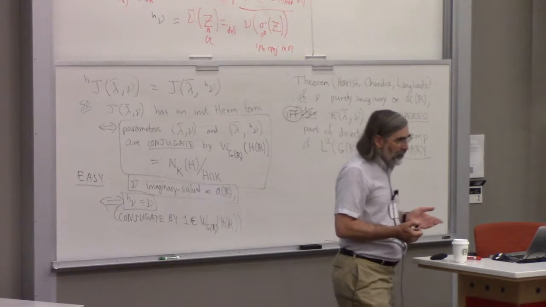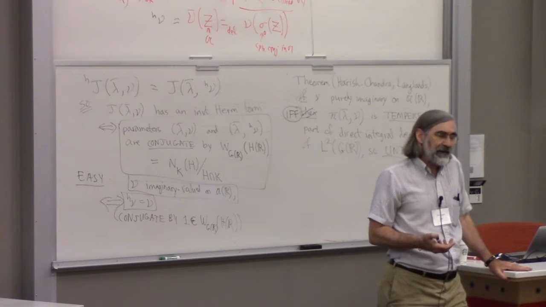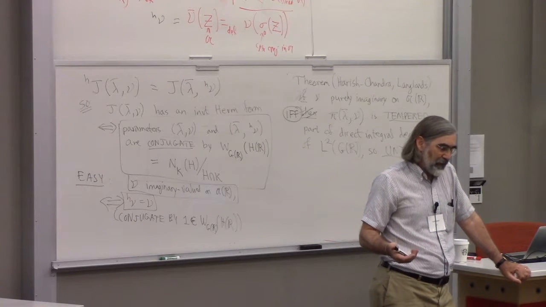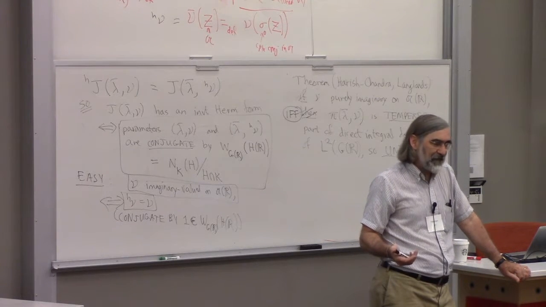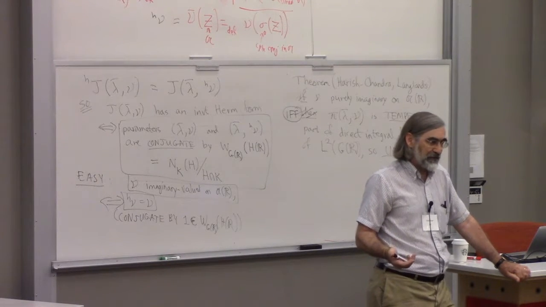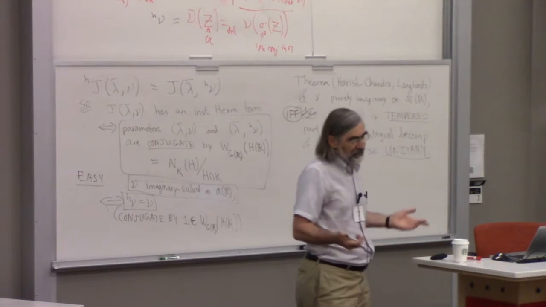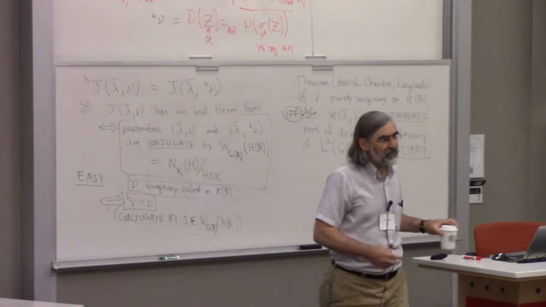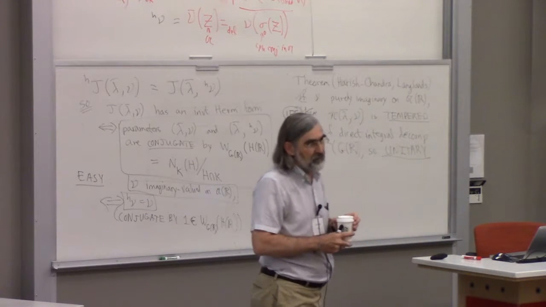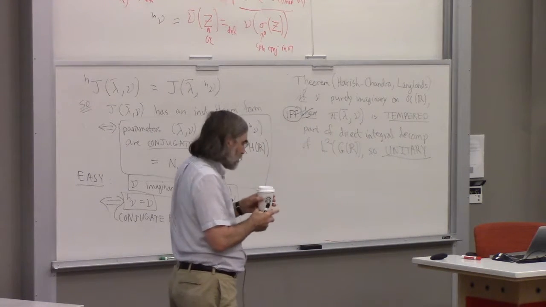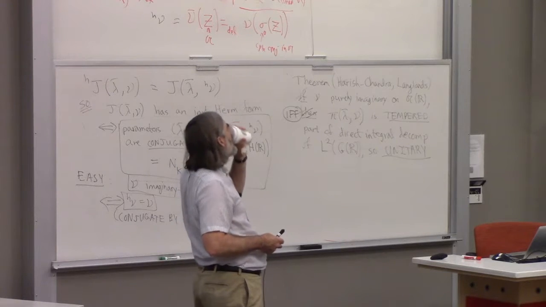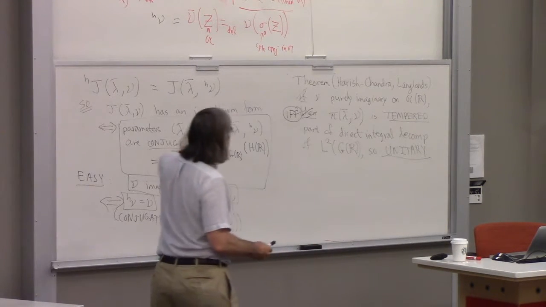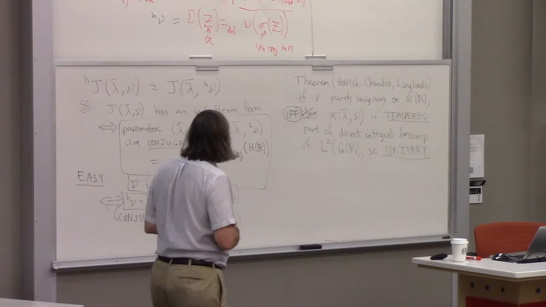So the support of the direct integral decomposition of L2 is by definition a closed subset of the unitary dual, and that means exactly that this belongs to that closed subset. And anyway, these guys are easy.